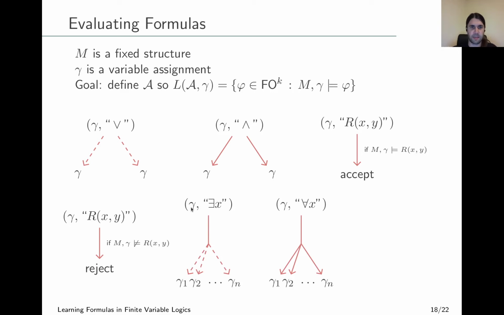In state gamma, reading exists x, the automaton goes into the subformula and it gets a big choice. It can succeed from any one of these updated states, gamma i. Gamma i is the assignment gamma where x is updated to map to the ith element of the domain of M. And then universal quantification looks similar, except it needs to succeed from all updated assignments.